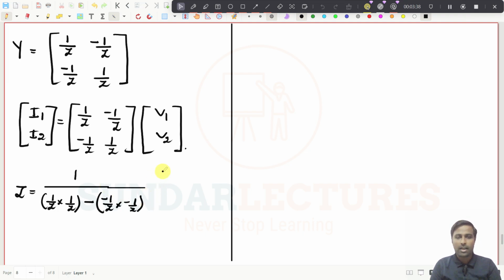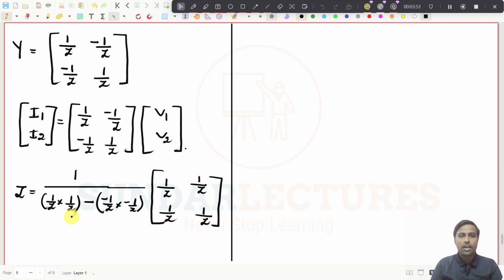Then for the matrix you swap the diagonal entries, 1 by Z and 1 by Z, and reverse the sign of the others. Now you see these both are the same, because minus into minus becomes plus, and 1 by Z square minus 1 by Z square becomes 0.